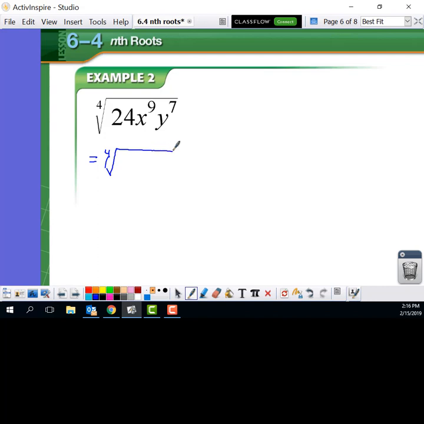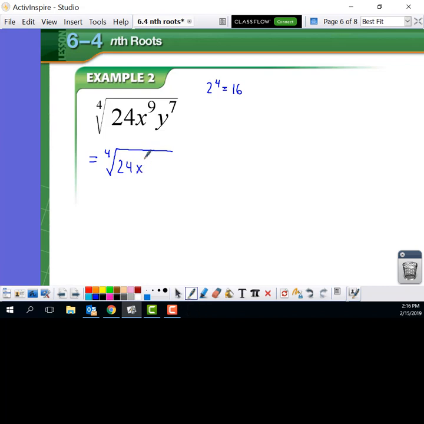It actually can't be written as a number to the fourth power. Not that I can see, because 2 to the fourth power is, no, you're right, 2 to the fourth power is 16. Yeah, and 16 is not a factor of 24, so we're just going to leave the 24 alone. There's nothing we can do there. Let me clean this up just a little bit so people don't get confused. Okay, so we're going to just leave that 24.